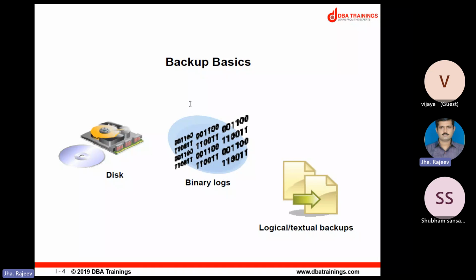You are all aware the binary log records whatever changes happen to my data. All the modifications will be recorded, and from primary to the slave server, that means master to slave server, we can take that backup. So my primary is operational and I can take the backup from my standby.